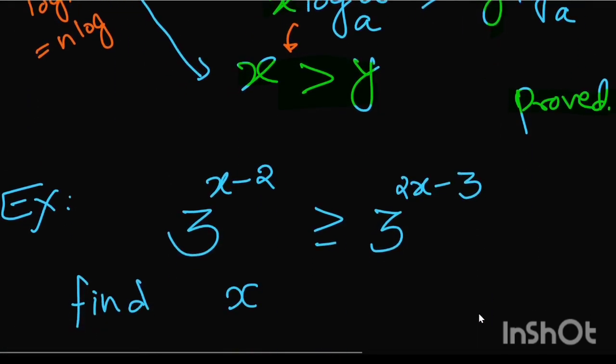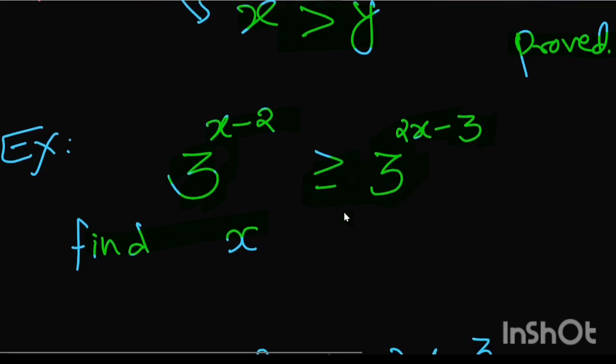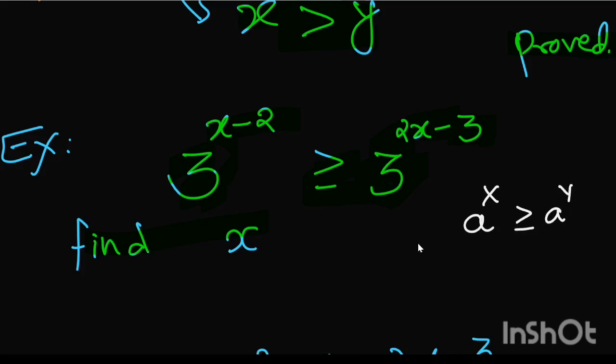Now if 3 to the power x minus 2 is greater than or equal to 3 to the power 2x minus 3, what is the value of x, guys? As you can see here, this is of the form a to the power x greater than or equal to a to the power y. Since a is 3, which is greater than 1, we can remove a.